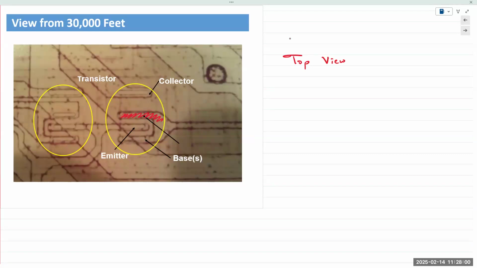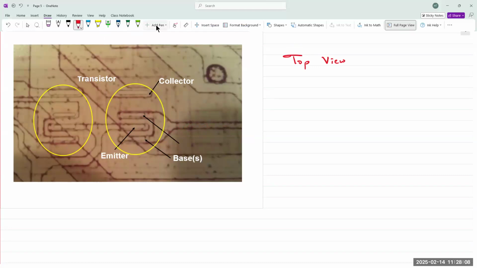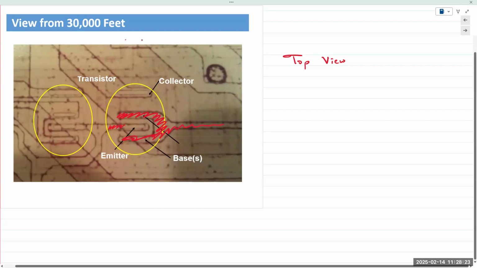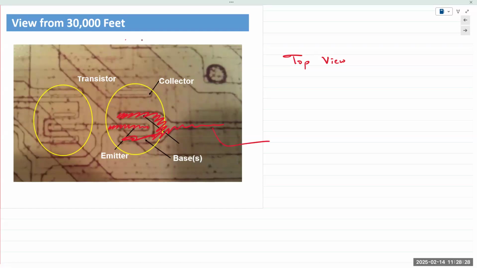Whatever you see here, these are simply metal contacts, and that's another metal contact right here. The actual device, of course, is underneath, inside the silicon wafer.